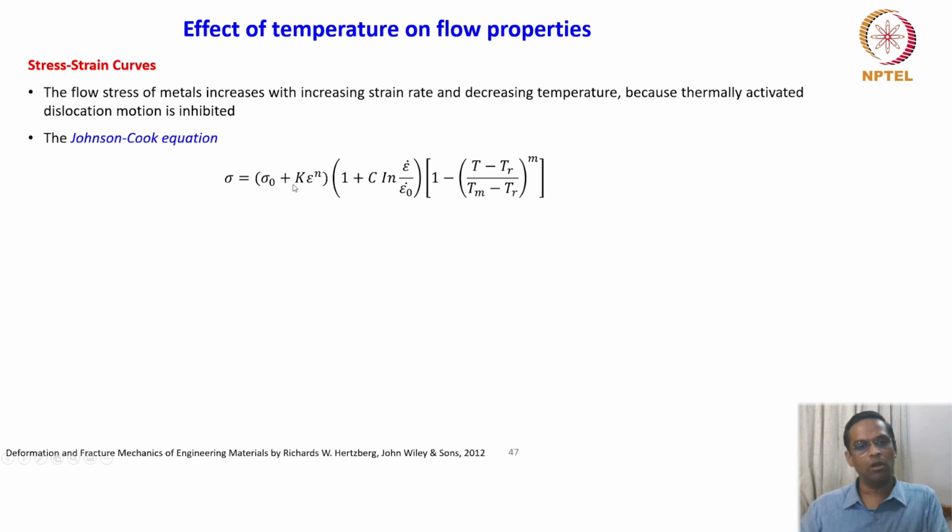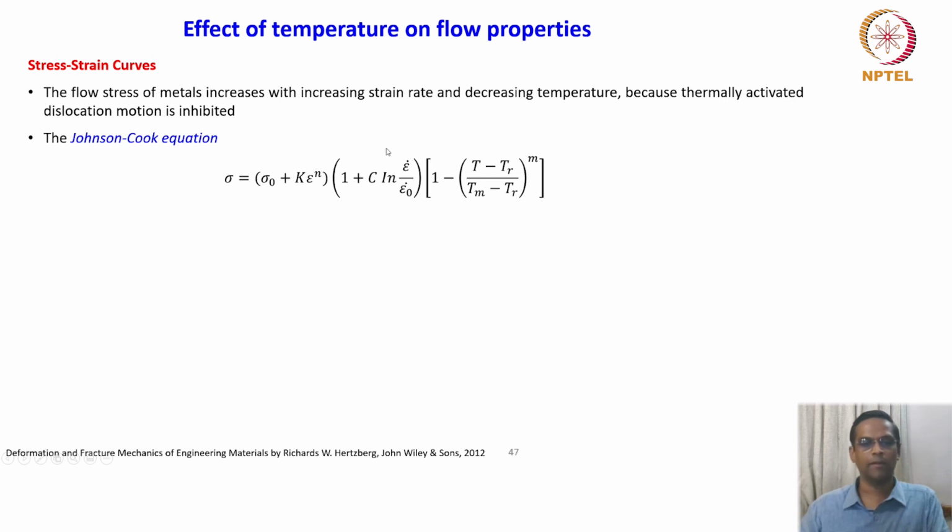Sigma is equal to sigma naught plus K epsilon to the power n. This is almost like a Ludwig type of equation, multiplied by 1 plus C ln epsilon dot by epsilon naught dot, into 1 minus T minus Tr divided by Tm minus Tr to the power m.